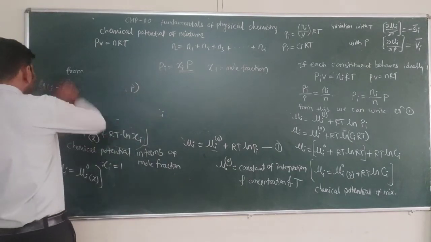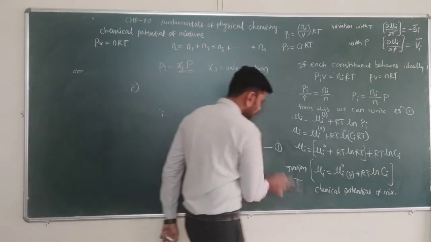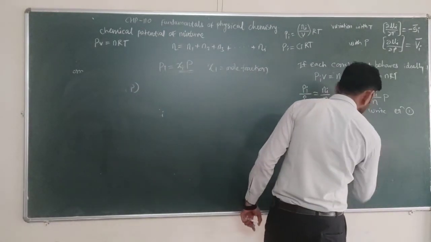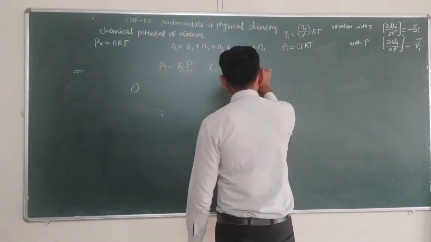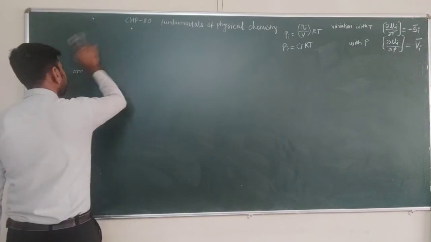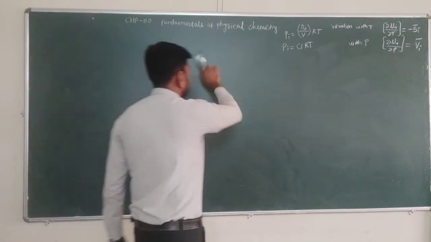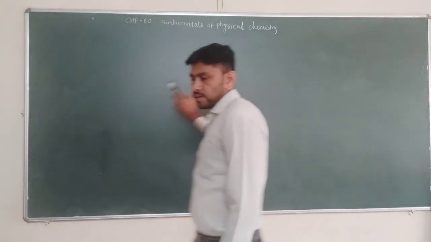Now we have to start another topic, which is ideal solutions. We know about ideal gas, but there are certain criteria which define an ideal gas. What are the criteria for an ideal gas?